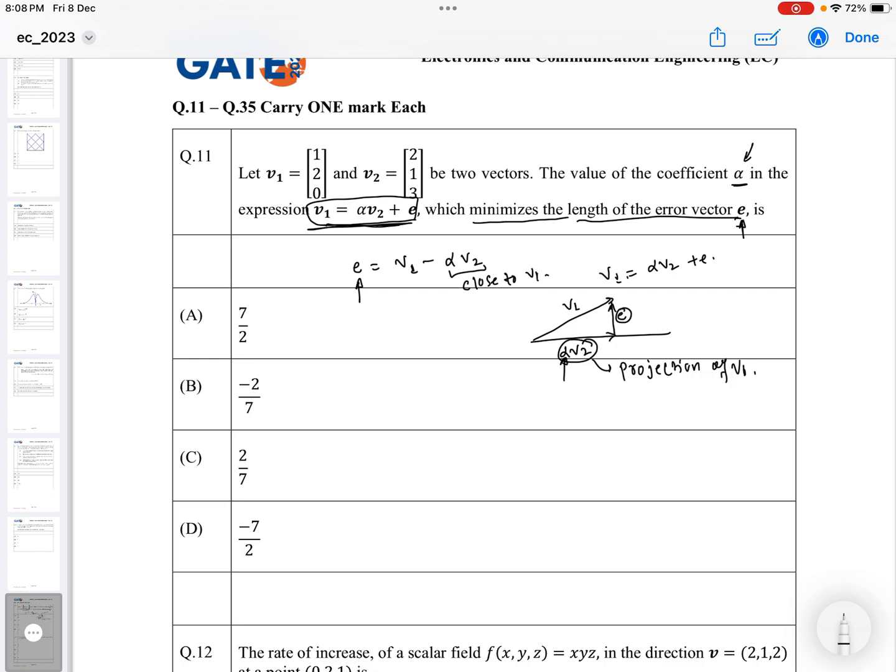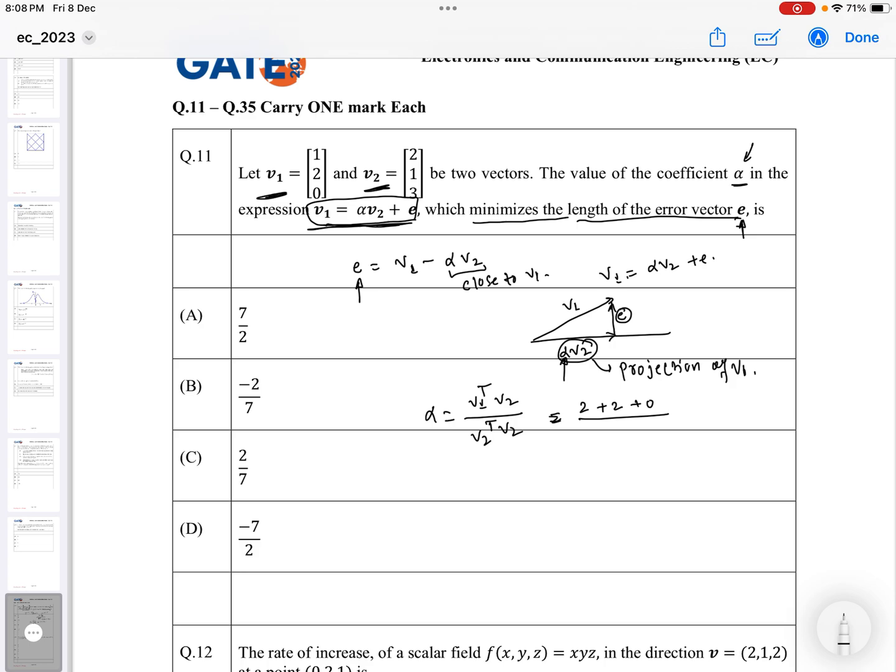So this alpha will be v1 transpose v2, since v1 has been projected onto v2, divided by v2 transpose v2, right? If you calculate this, v1 transpose v2, taking the inner product, we get 2 plus 2 plus 0.